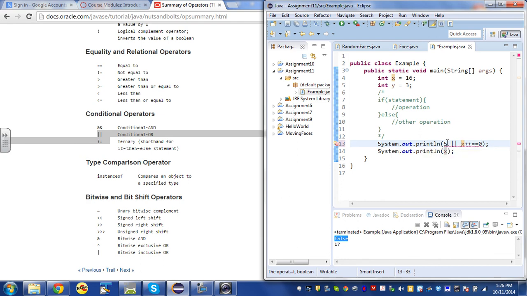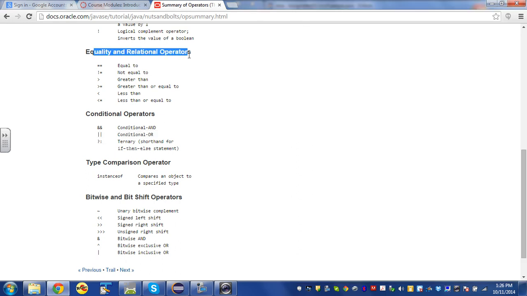Okay, so it's complaining. It says you can't compare a 5 with an or operator. It only understands if this is true or false and this is true or false. And that's why the relational operators work well with the conditional operators. Because if you take a relational operator, something on the left, something on the right, that whole thing will evaluate to true or false.